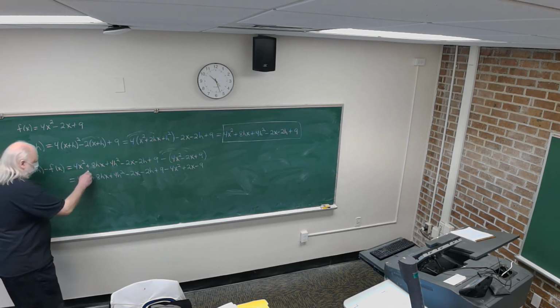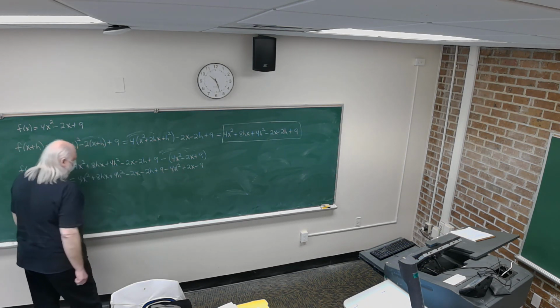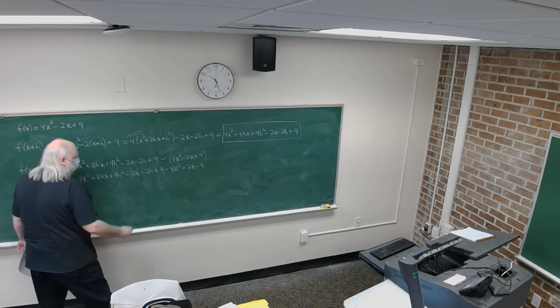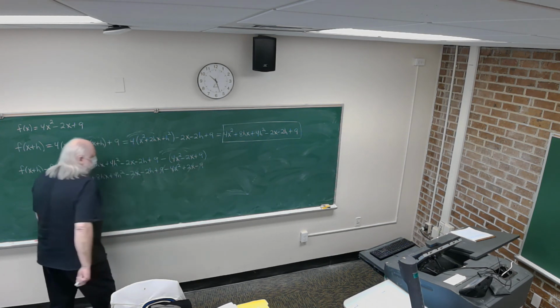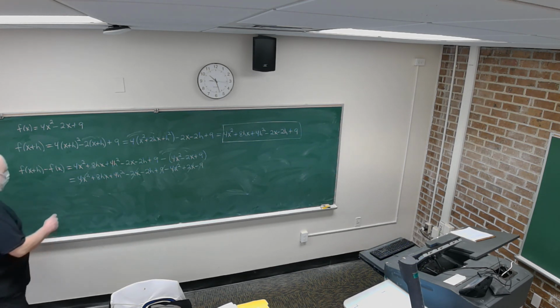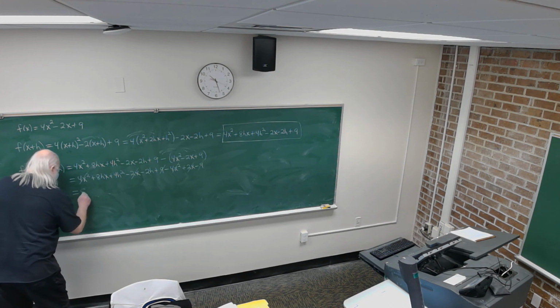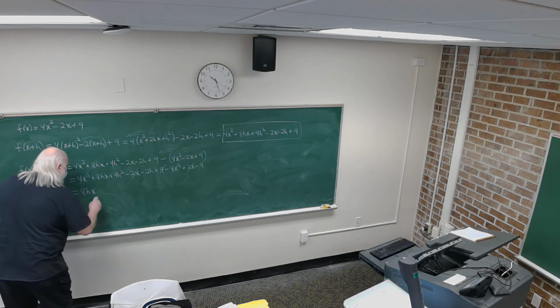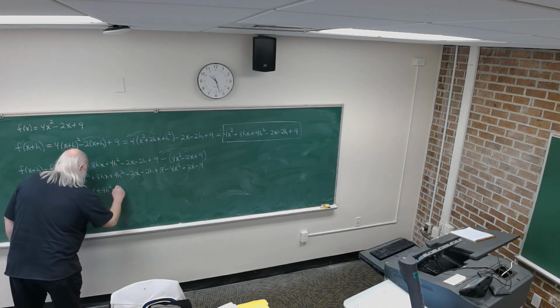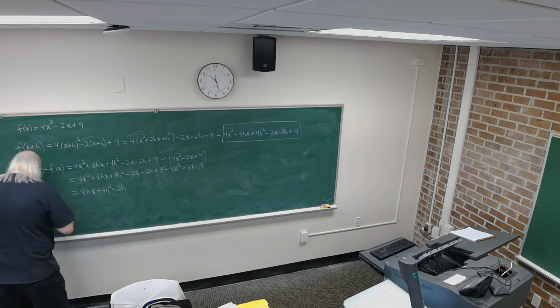And now you can see we have 4x squared minus 4x squared, minus 2x plus 2x, 9 minus 9. And now f of x plus h minus f of x is just equal to 3 terms. Okay. It's equal to 8hx plus 4h squared minus 2h.